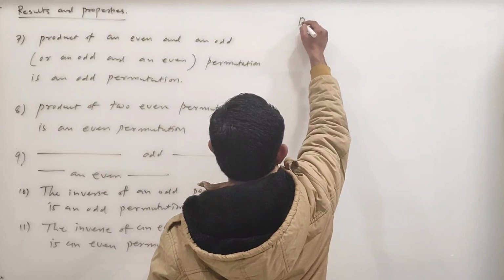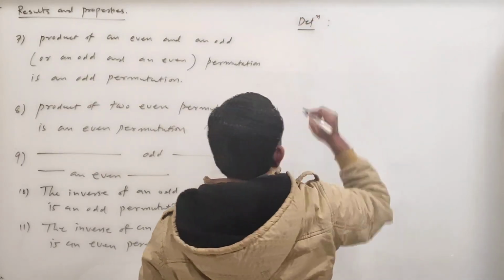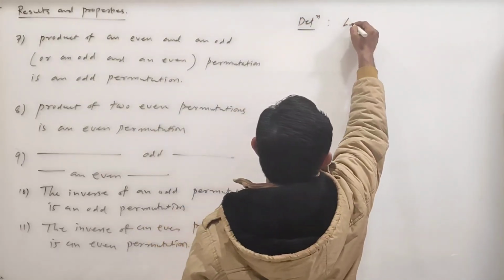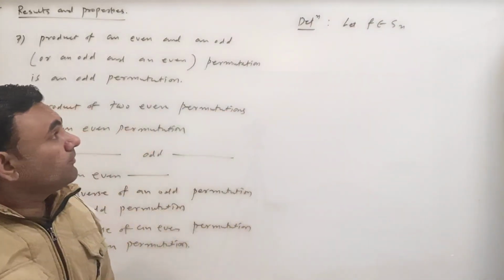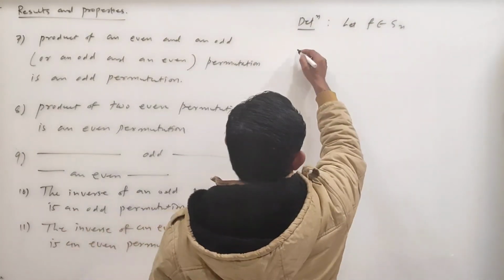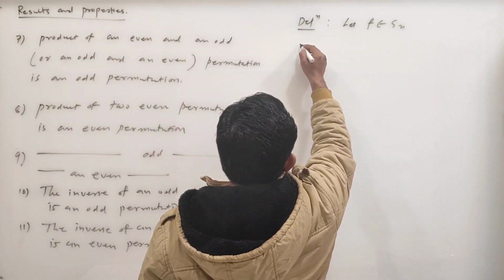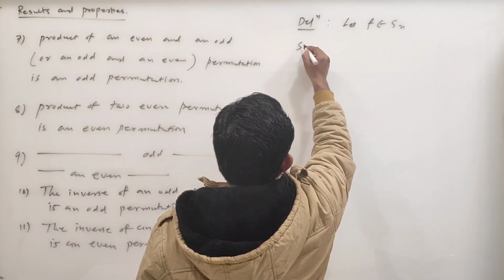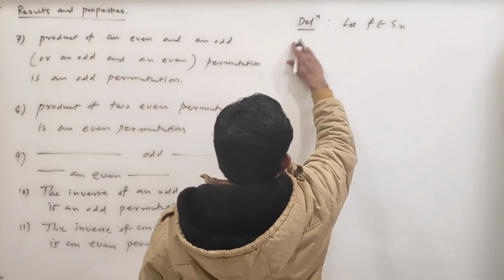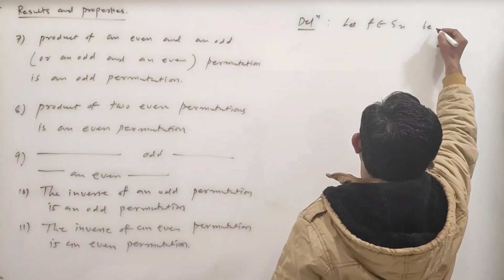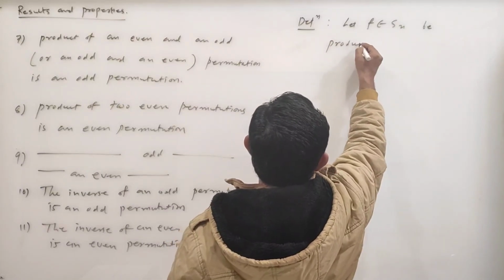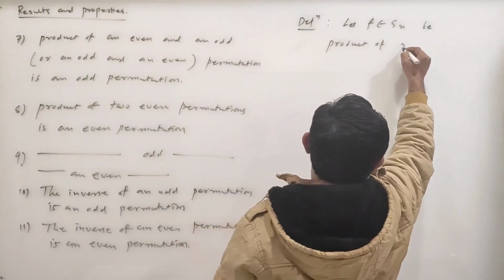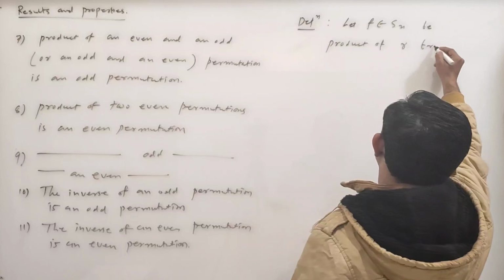Next we define, definition. Let f belong to Sn, be a product of r transpositions.